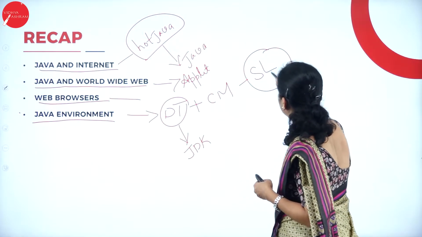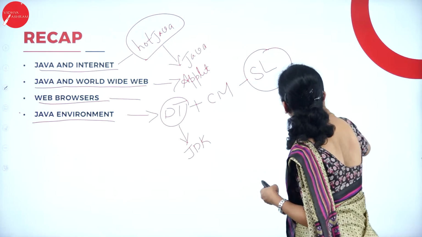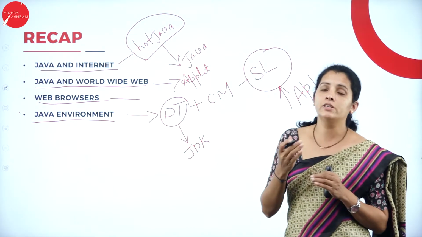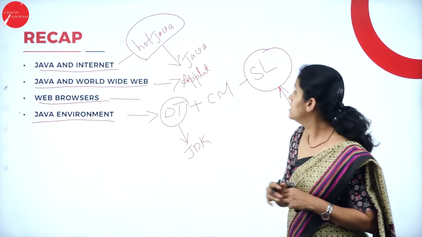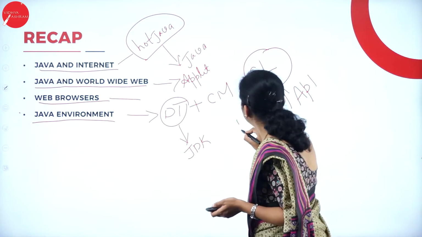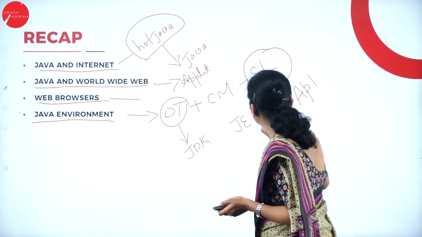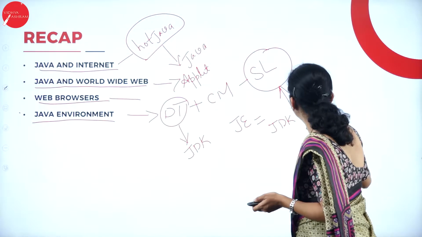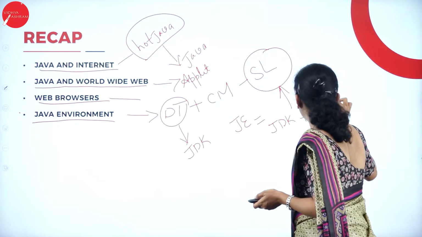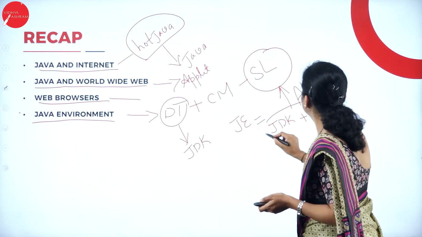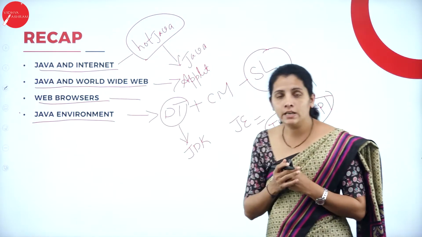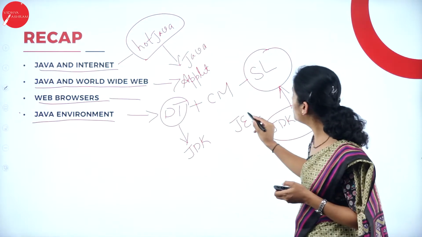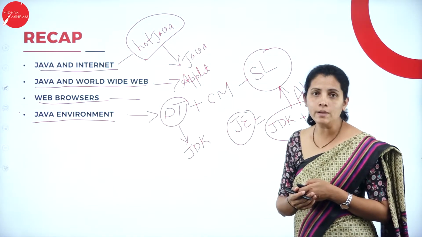This standard library is also called application program interface or application programming interface. So here the Java environment is nothing but the Java development kit plus application program interface. That means the application program interface and Java development kit together are called Java environment.